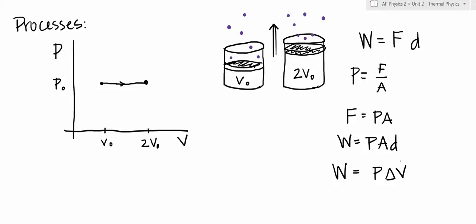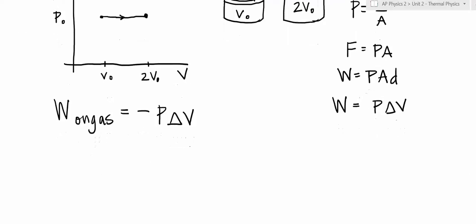So what was the work done on the gas during this process? Negative. So the work done on the gas is negative P delta V. And that is the standard sign that's used on the equation sheet for AP Physics 2. So this is the work done on the surroundings.